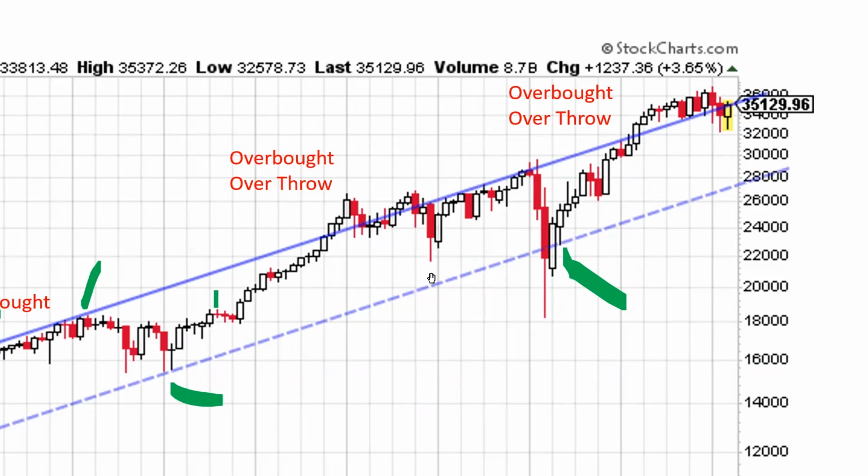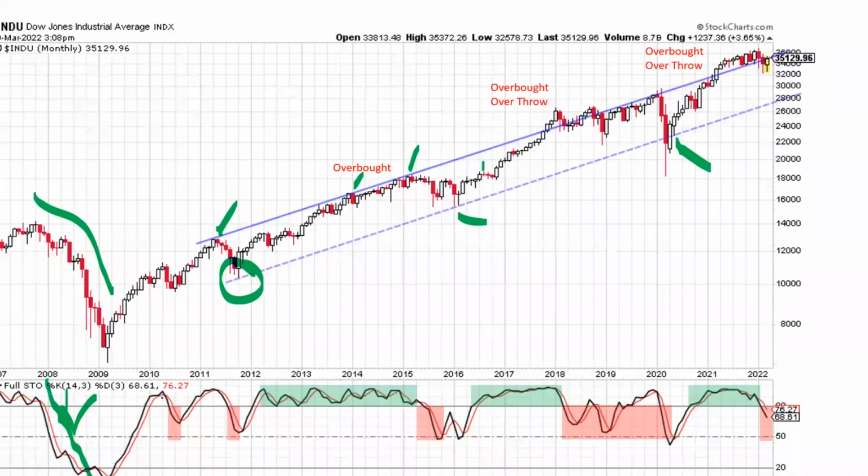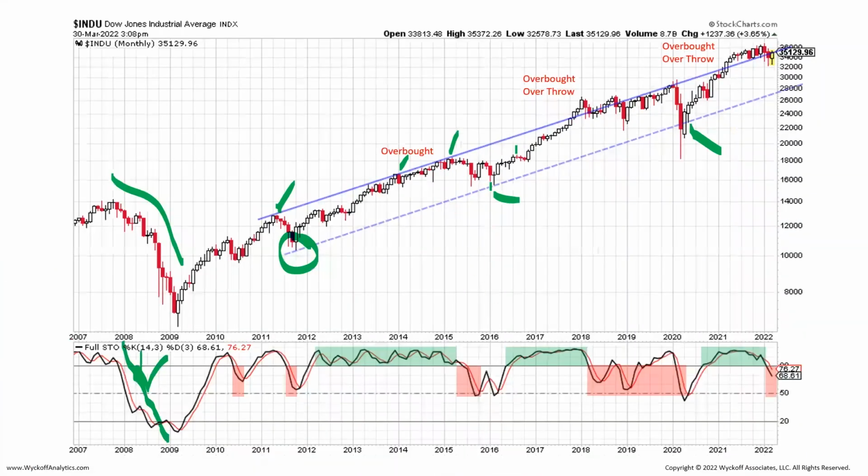That was the December 2018 decline. Pretty scary decline at that time. A little bit more of a mundane decline, but still very painful, was this one that went down in two stages to the oversold line back here. And that was in 2015, 2016. So here we are.